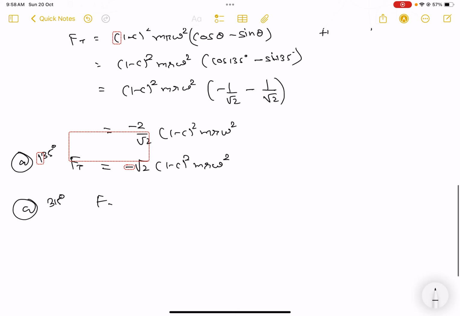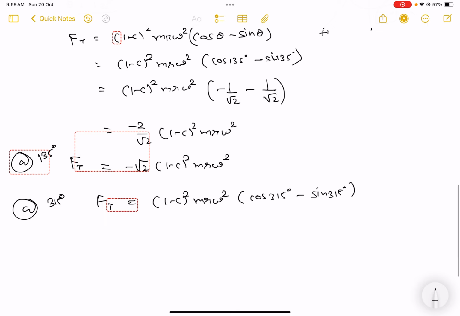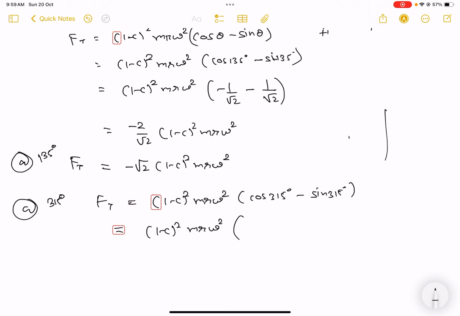Now we will calculate at 315 degrees. Ft will be (1 minus c) square mr omega square (cos 315 degrees minus sin 315 degrees). Using the ASTC rule, cos will be positive in the fourth quadrant, so this will be 1 upon root 2.